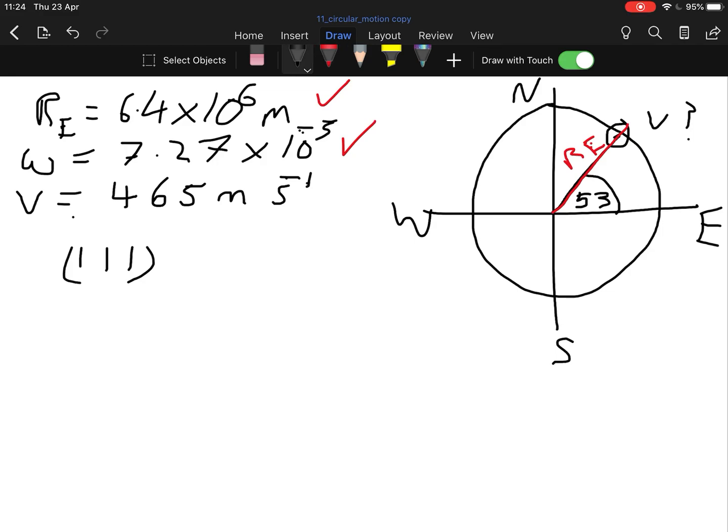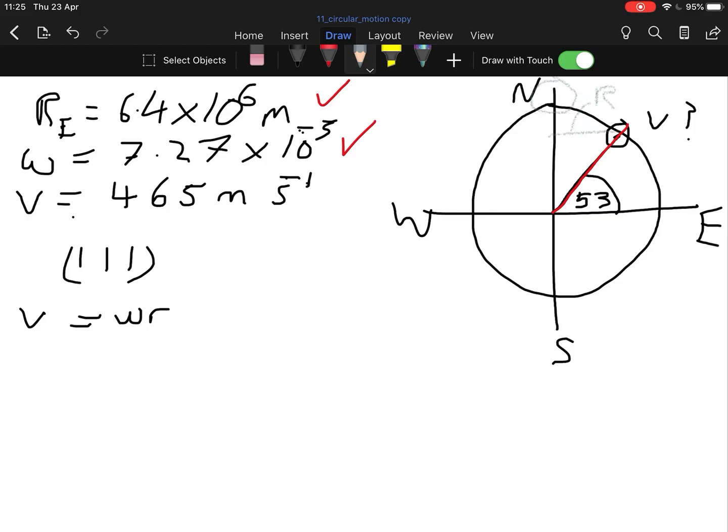However, that's not what we need, because we know the linear speed is v equals omega times r. The radius, when you're looking at this, is going to be from here.